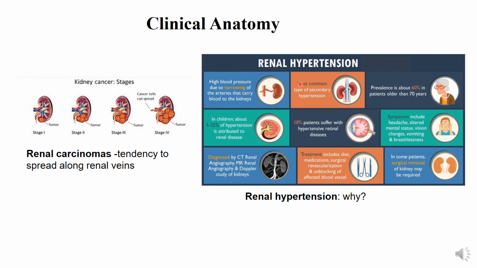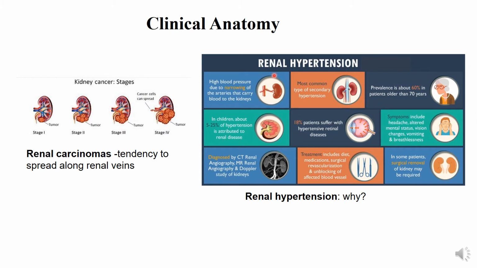The main strategies for treatment of such hypertension is to start with medication, but in most of the cases you need to reconstruct the renal arteries and overcome the narrowing of the renal arteries.